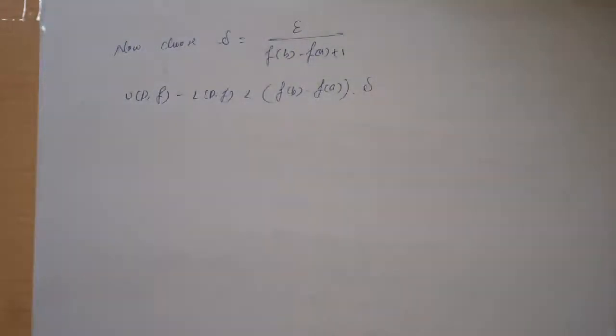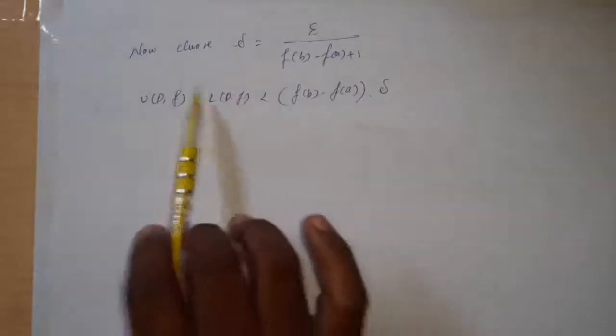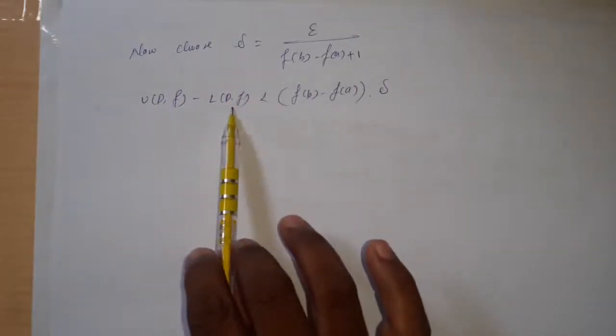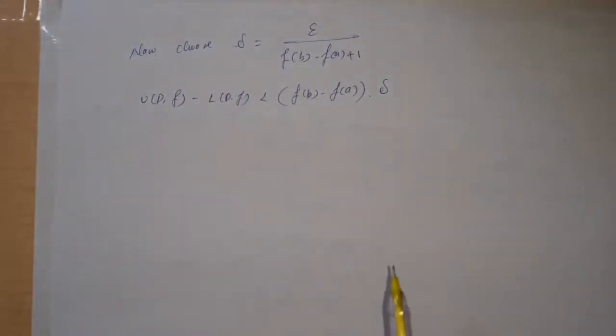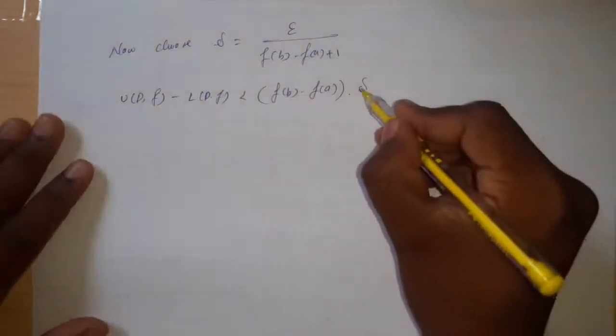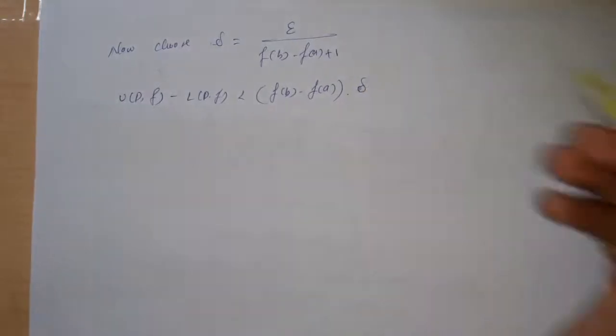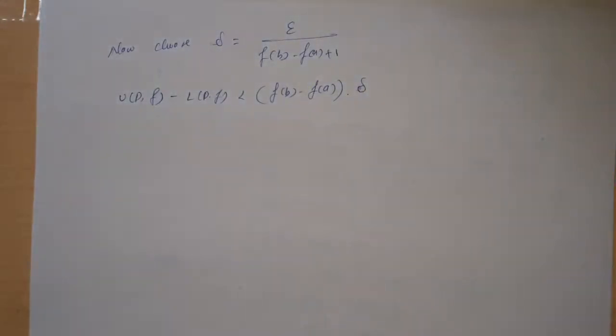It is the equation. Now, we need to prove that this difference upper sum minus lower sum is less than epsilon, then only the function becomes R integrable. So, that is why we are choosing the value for delta. So, the delta is independent, means that is the length of interval that we can choose as per our convenience.